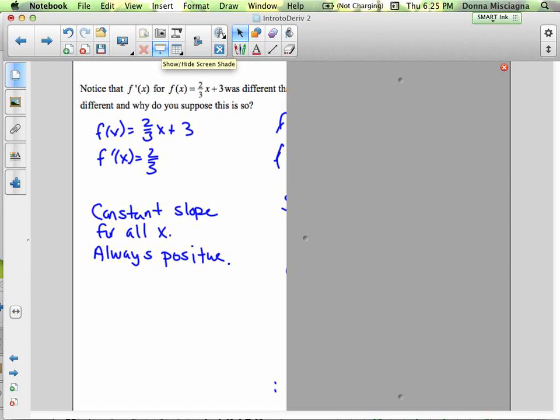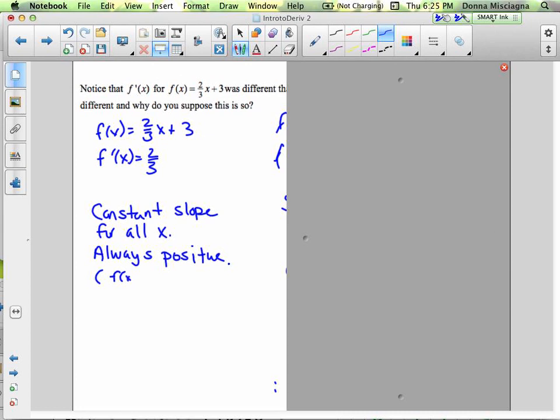Notice that we have a constant slope for all x. That makes sense because the equation was a line. Right? It is always positive. Right? It is always increasing. So since the derivative is always positive, f of x is always increasing.